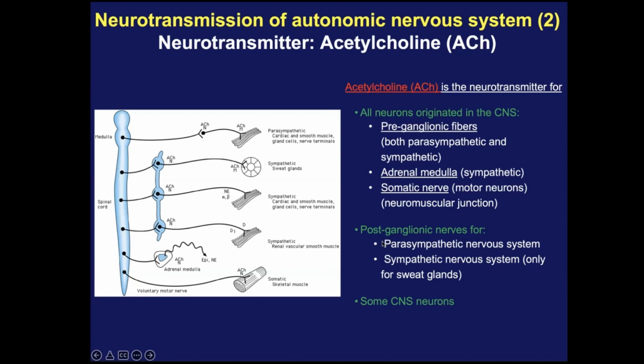Acetylcholine is also used by the parasympathetic system at the synapse between the post-ganglionic neuron and the target tissues. It is also used by the sweat gland regulation, as shown here. Acetylcholine is also used by some neurons in the central nervous system.